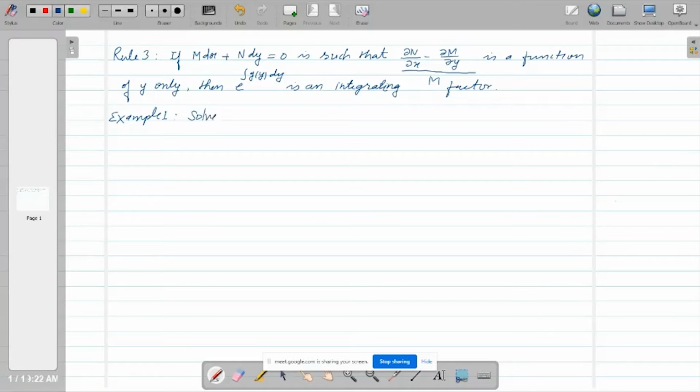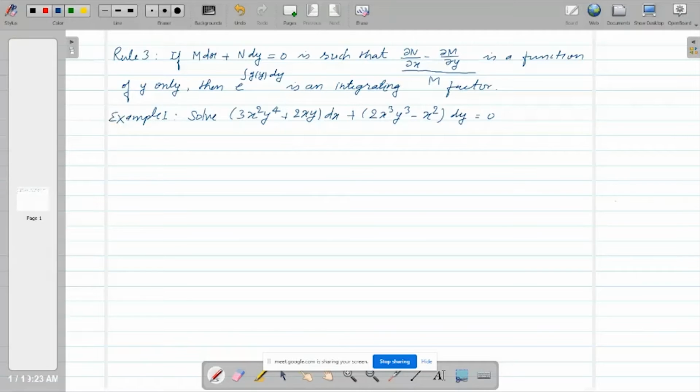Solve the differential equation (3x²y⁴ + 2xy) dx + (2x³y³ − x²) dy equal to 0. We have to solve this differential equation.